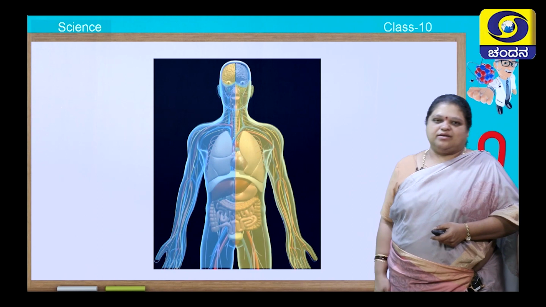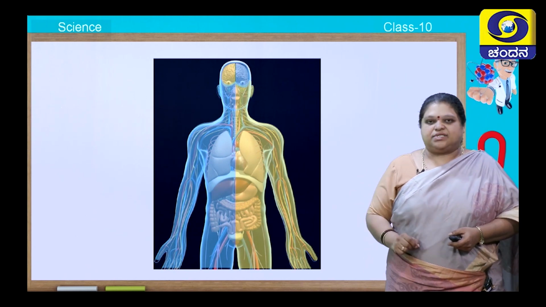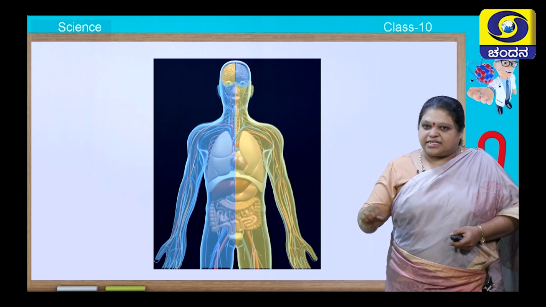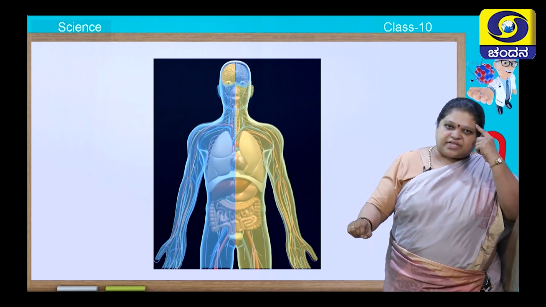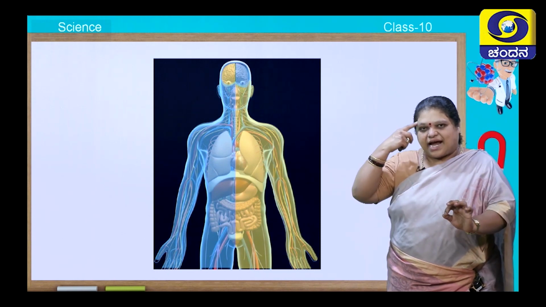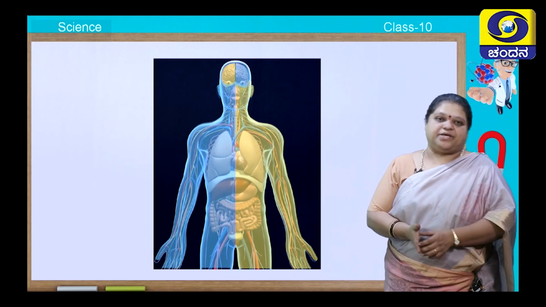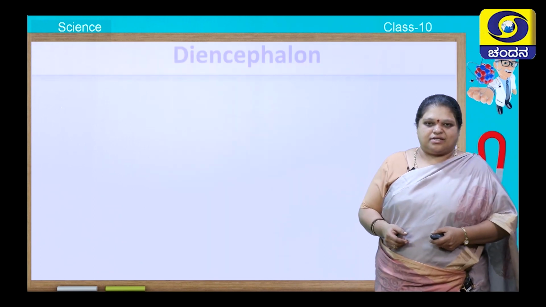Like that you can conclude that if you write with your right hand, the activity is mainly because of the left side. If the person is left-handed, the right hemisphere helps him.